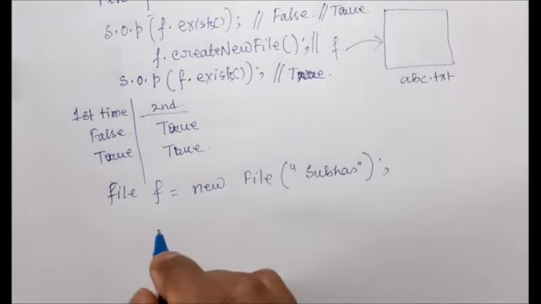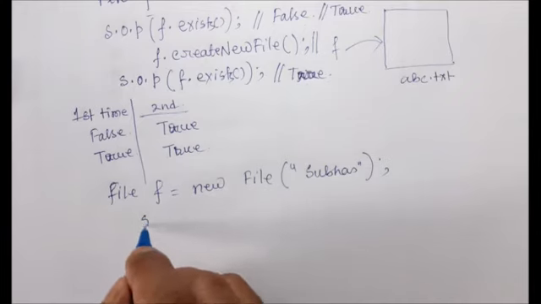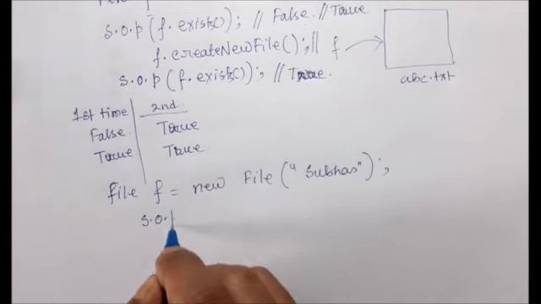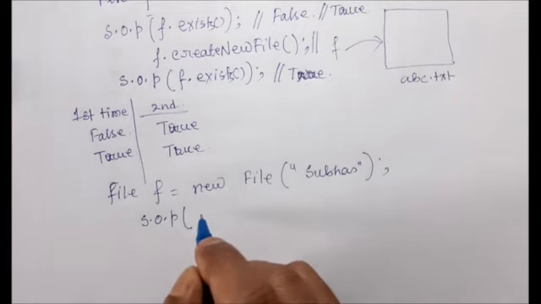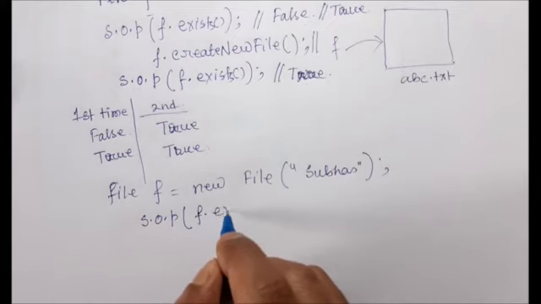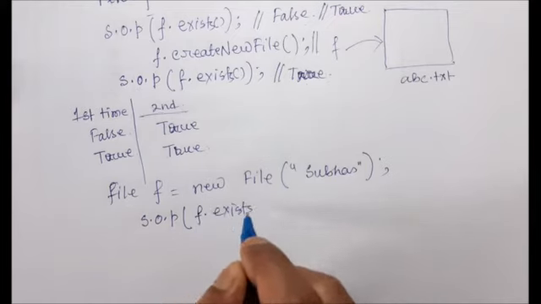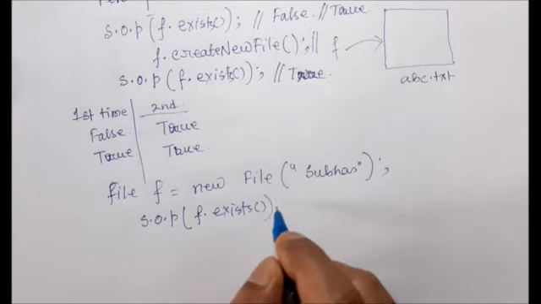So, let me check once again whether it is possible or not. First, if I use System.out.println, and within that I write f.exists, I will get a false value.